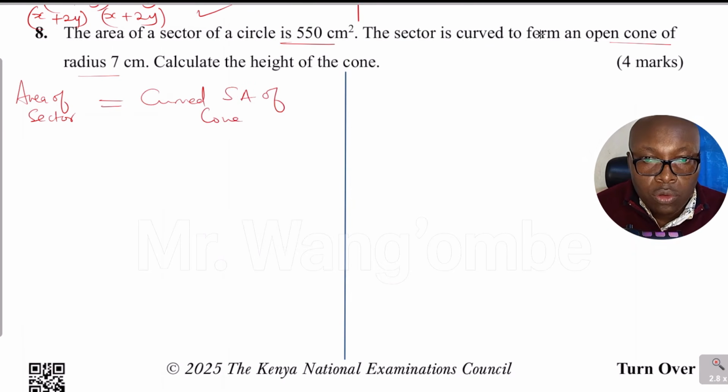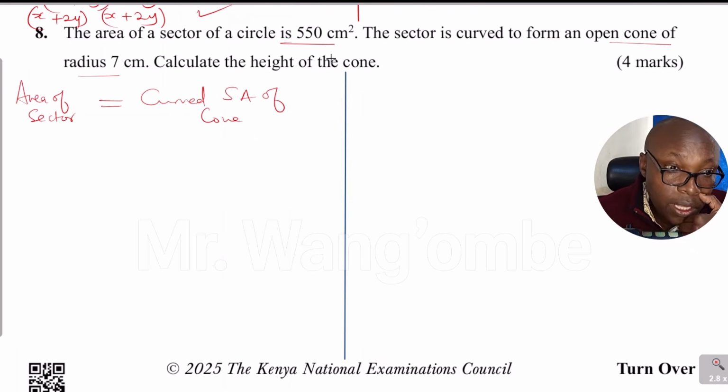Why? Because this sector is the one that is curved to form an open cone. So if I take the curved surface area of that cone, it will be equivalent to the sector where it came from. It was formed from the sector of the circle, and the area was 550.